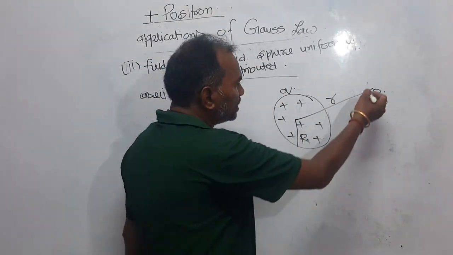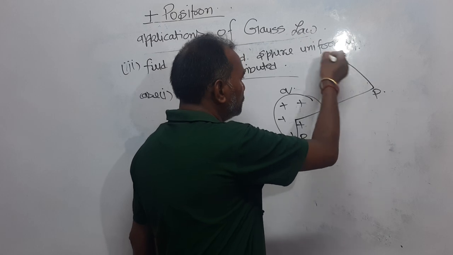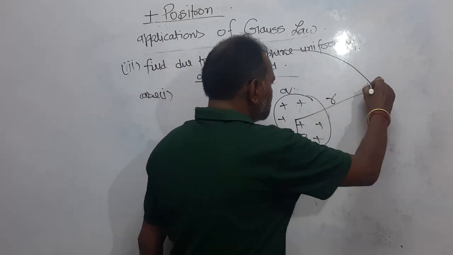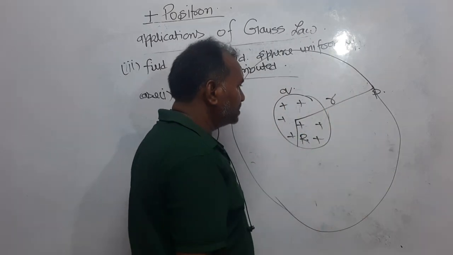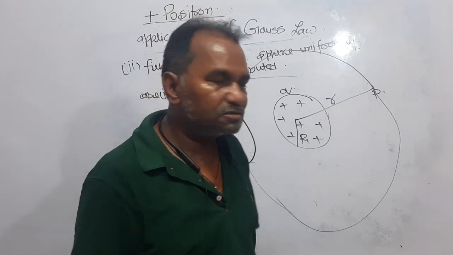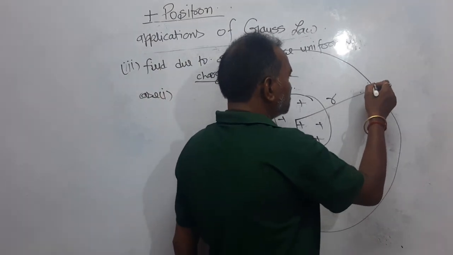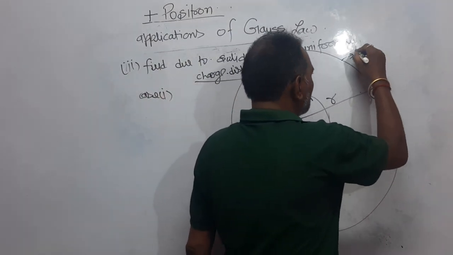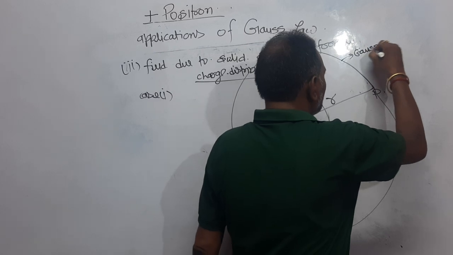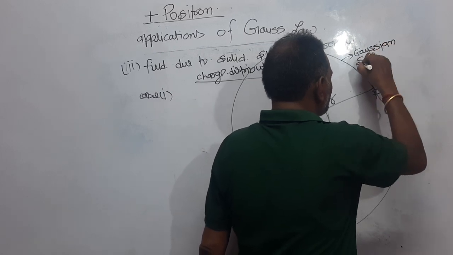In order to find the field at point P, I am considering a big sphere of radius r on which this point P exists. This is the Gaussian surface.